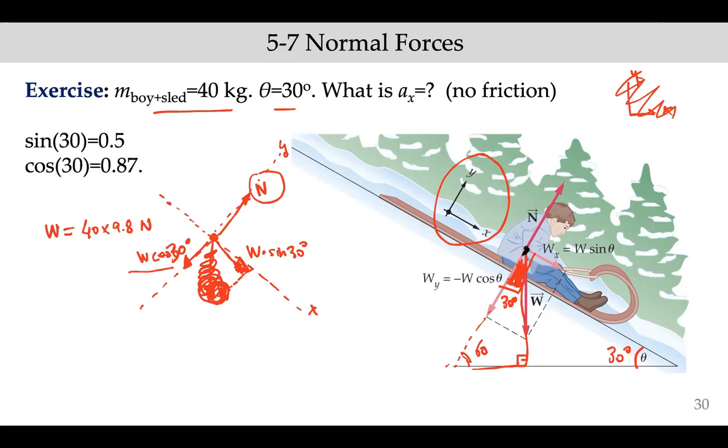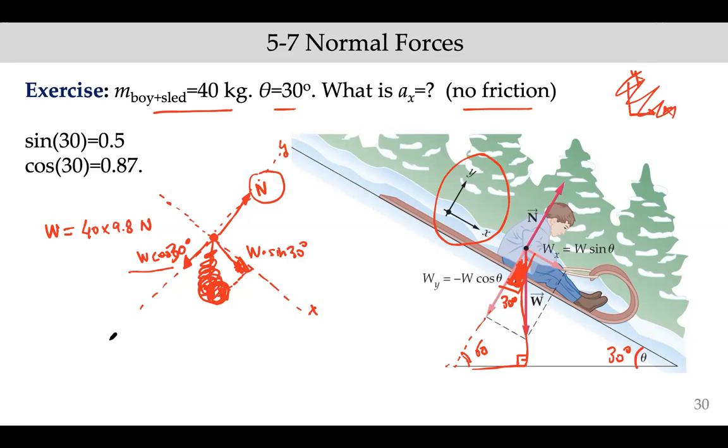He's not moving up or down. So I'm not going to write down any equation for the forces on y, but I will write down the equation for the forces in the x direction. Now in this problem, because it says there's no friction, I will not add any friction here. So it turns out that in the x direction, the only force is weight times sine 30.